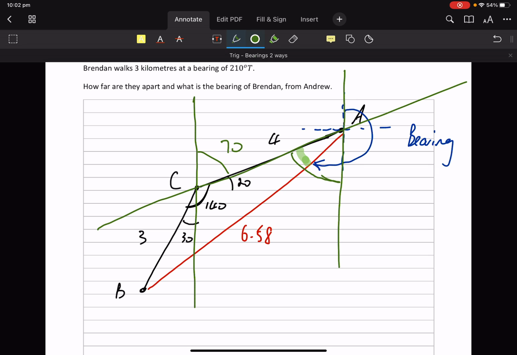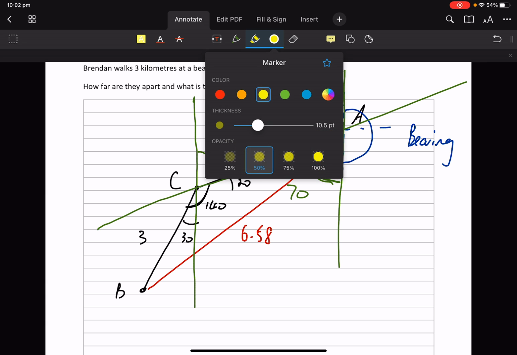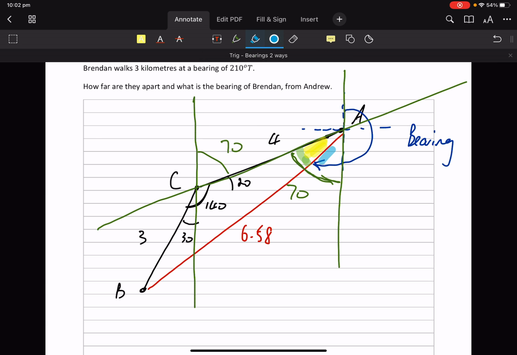So that means that's 70 degrees. If I find that angle, that means I can find that angle. And all of a sudden that bearing is easy to get. It just pops out.